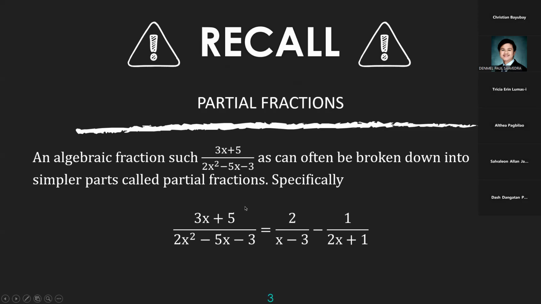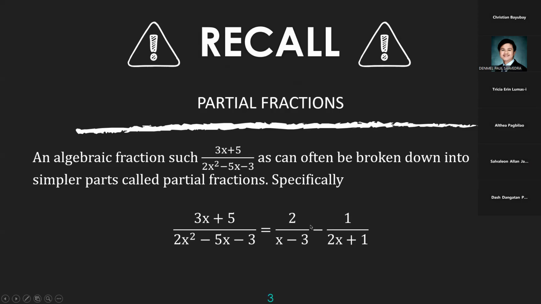And then the process of having multiple fractions or multiple terms like this is the so-called decomposition. So that's why you will hear sometimes that it's called partial decomposition or partial fraction decomposition. It's like it's being decomposed into many expressions or many terms. So the equivalent of that one is just this.